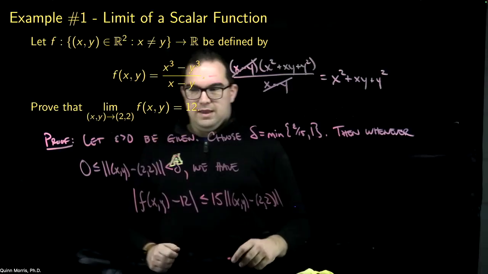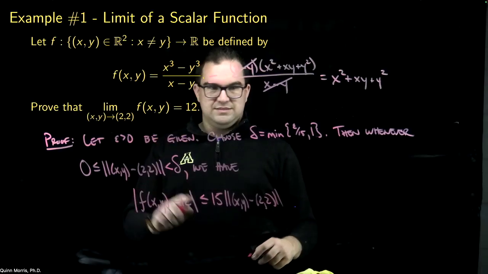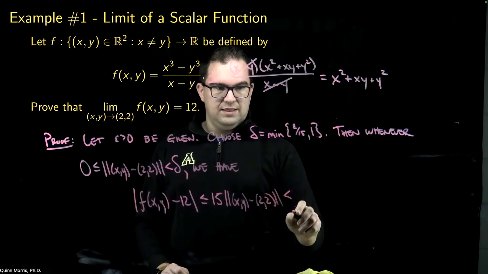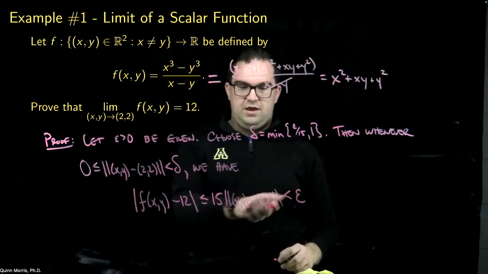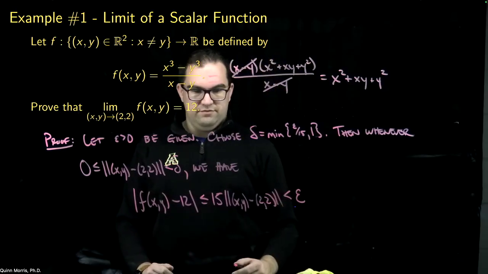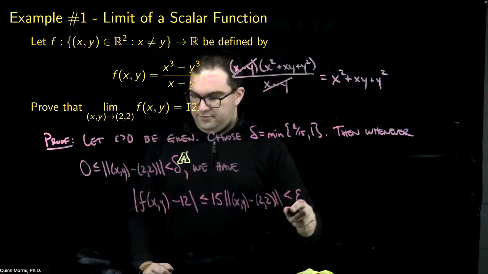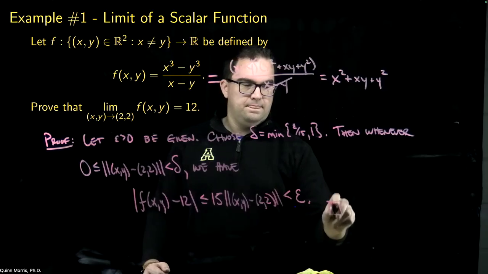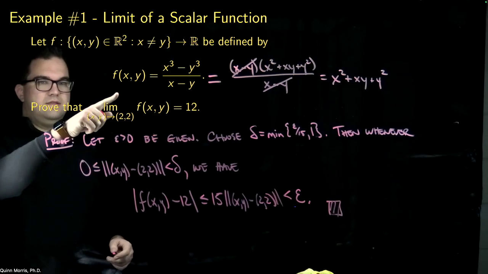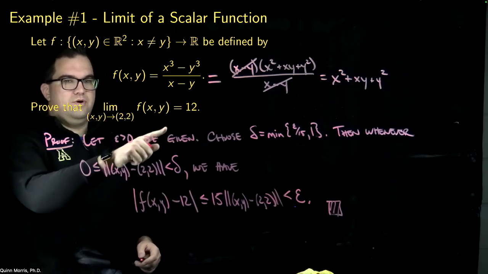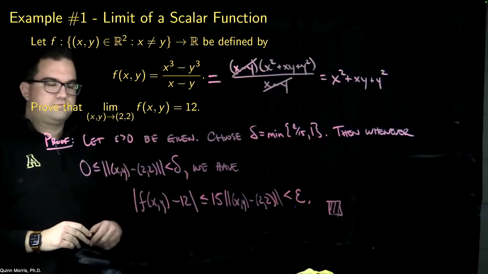Okay. And because we're assuming we're strictly less than delta, this will be strictly less than, well, it'll be 15 times epsilon over 15, which will give me epsilon as desired. Okay. And so it is in fact the case that the limit as (x, y) approaches (2, 2) of this function is 12.